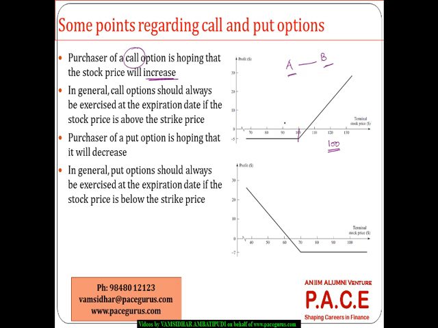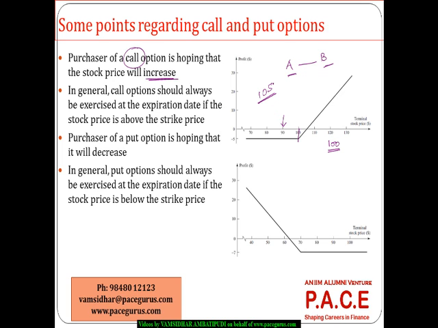Now, if the market price at a future date is 90, obviously A will not buy it from B at 100. He will expire it. He says that in the market it is available at 90, so why should I buy it from you at 100? So he will not exercise that option. But if the market price is, let's say, 105, yes, he can think of exercising that option because he can buy from that option at 100 itself.